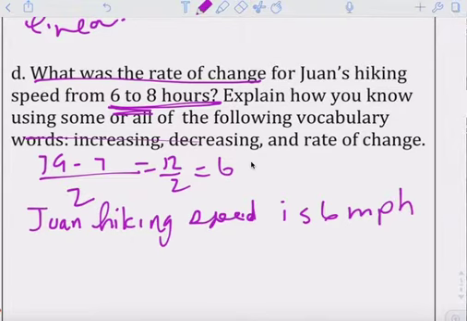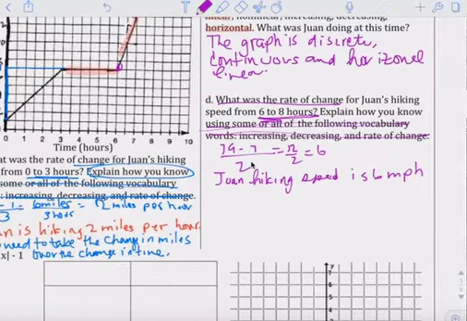Oh, God. Mess up. So you subtract, divide by the number of hours, get the speed. Yeah, that's how you would explain.